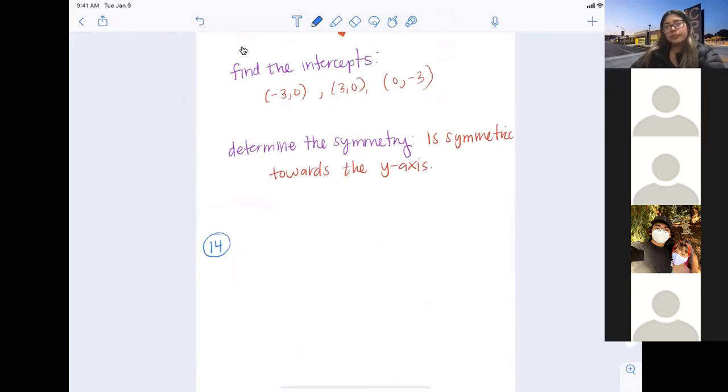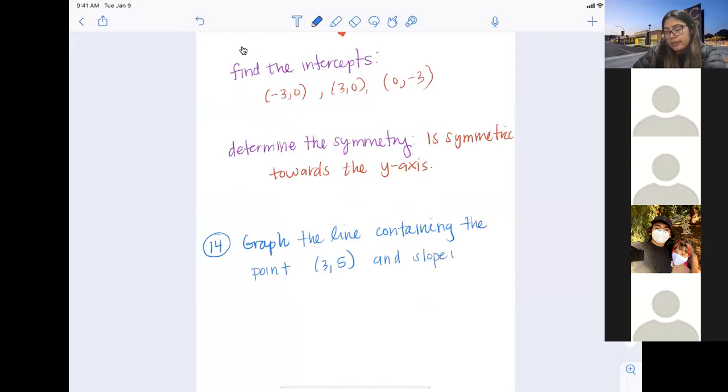Question 14. Graph the line containing the point P and having slope m. So for that one, we have to graph the line containing the point P, the point (3, 5), and the slope is undefined.